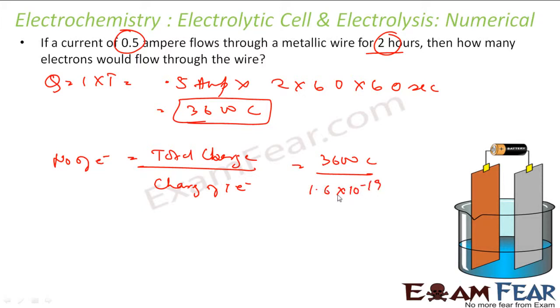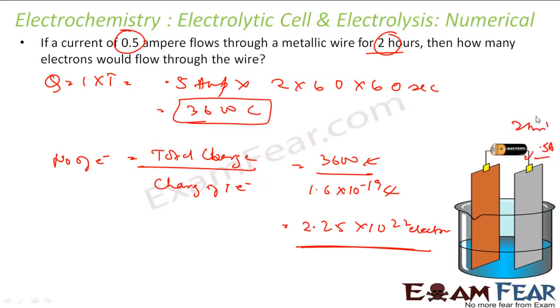This is also coulomb, so coulomb gets cancelled. If you solve this, you get 2.25 into 10 to the power 22 electrons. So that is the number of electrons that get passed through this wire if you are passing this 0.5 ampere current for 2 hours.